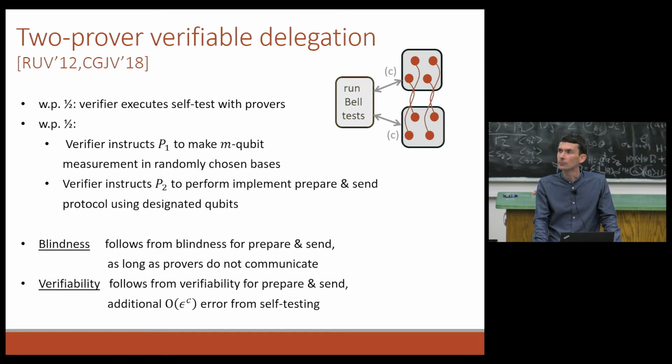Yeah? No, not at all. So in fact, no. What happens in these protocols, I think, is that you do the testing with much higher probability because the state-of-the-art guarantees of this testing are much weaker than the guarantees of the other protocols.